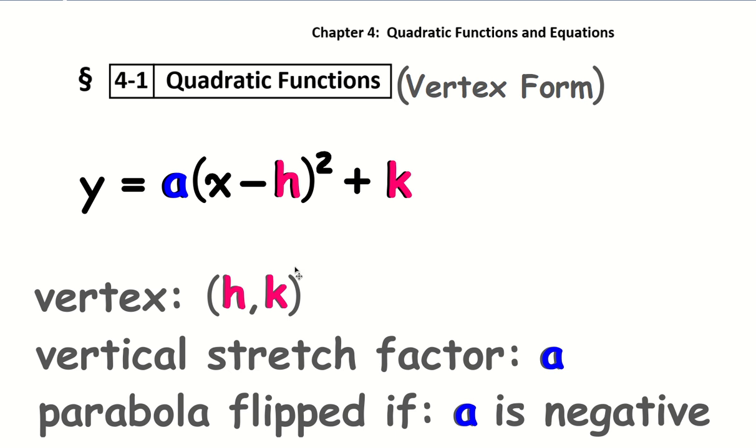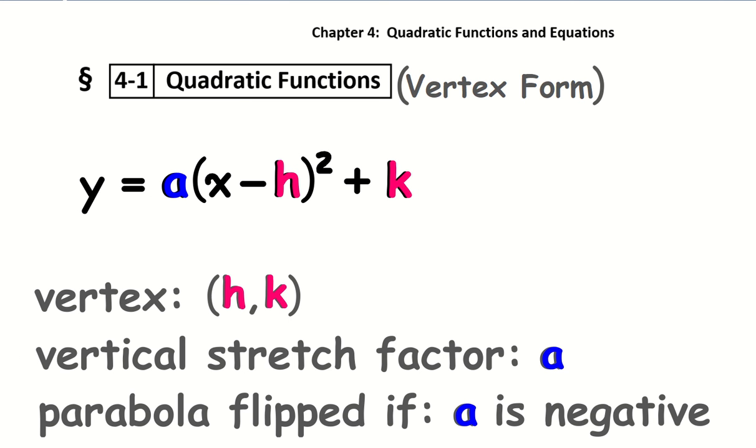Whatever this is, comma, whatever that is, that's your vertex. And this number out in front, this a value, will pretty much be your vertical stretch factor. Don't worry too much about that, but that's what it is. And your parabola is going to be flipped upside down if this number out in front happens to be negative, okay?